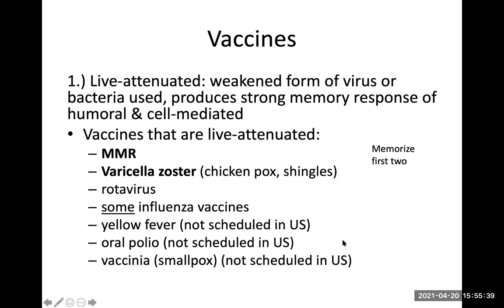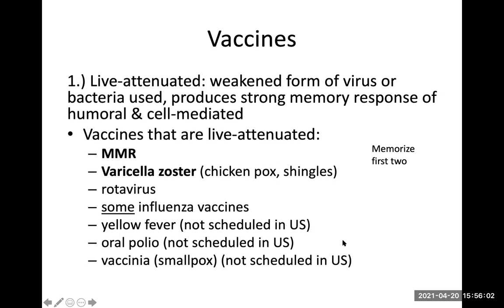So we try to give the rotavirus vaccine to prevent that dehydration. Okay. So rotavirus is a gastrointestinal virus that causes extreme diarrhea in children, but it is technically optional.